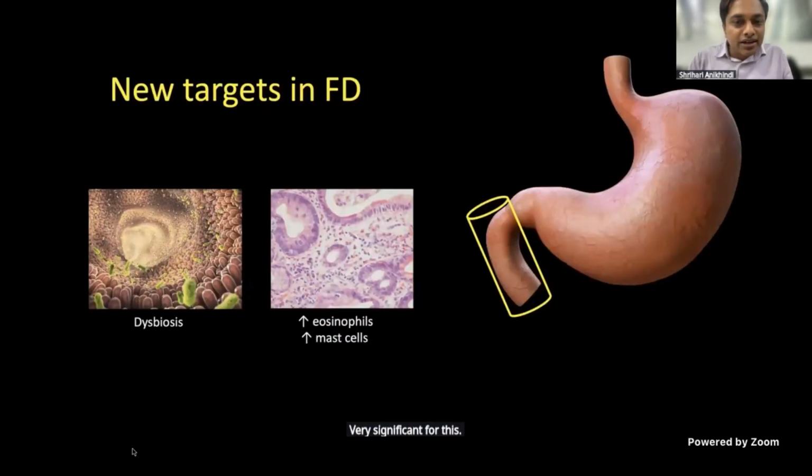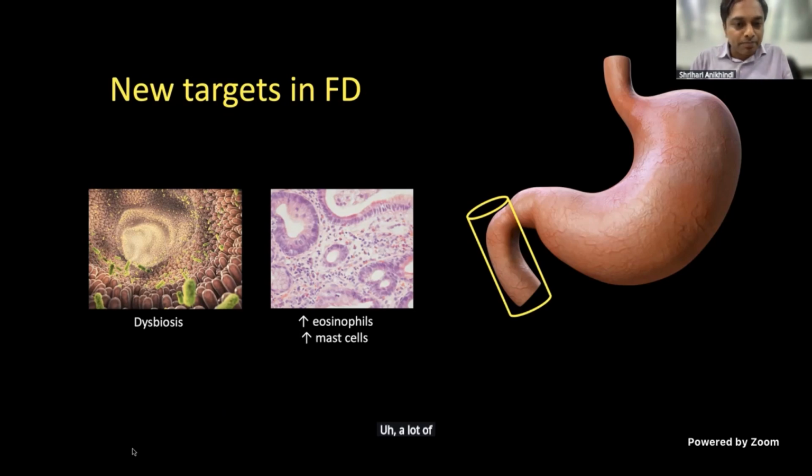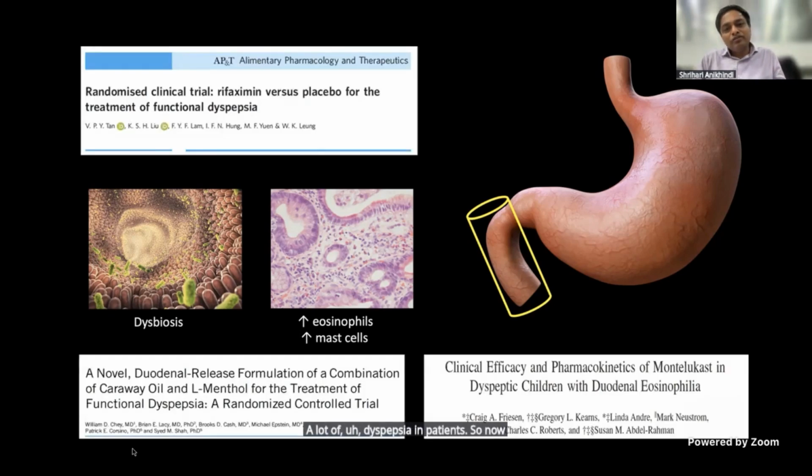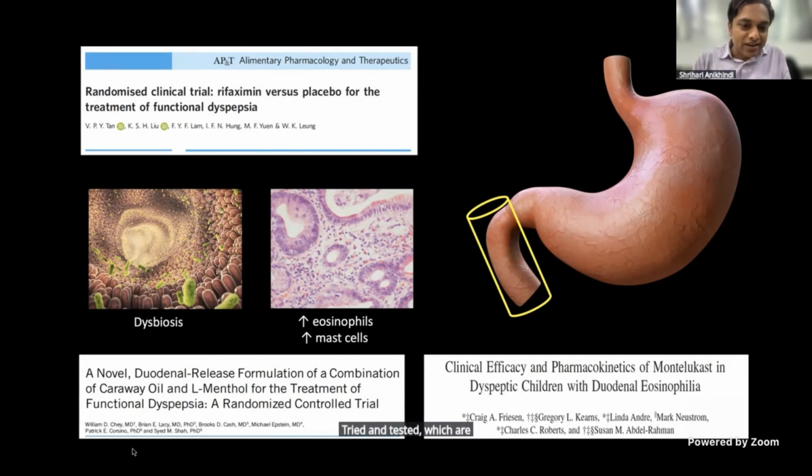The newer targets now are working on the duodenum. It is thought that duodenal biopsies showing duodenal inflammation, where there is an increase in the eosinophils and the mast cells, are known to cause a lot of dyspepsia in patients. So now you have different agents which have been tried and tested, which are actually acting on these targets.